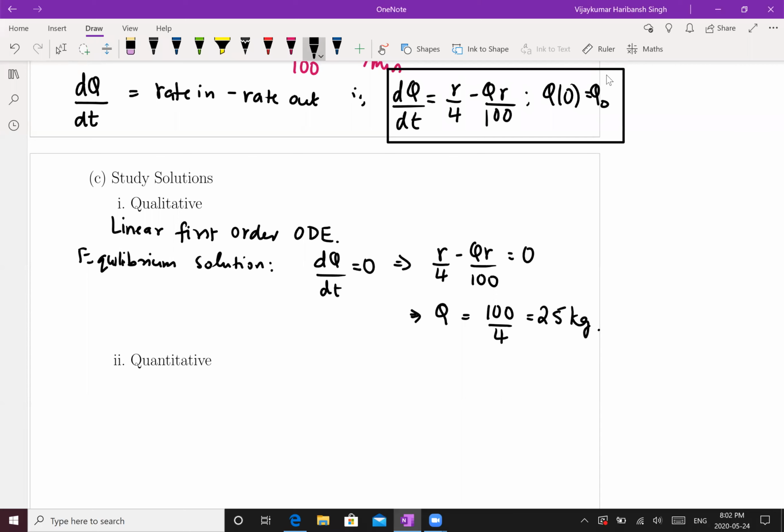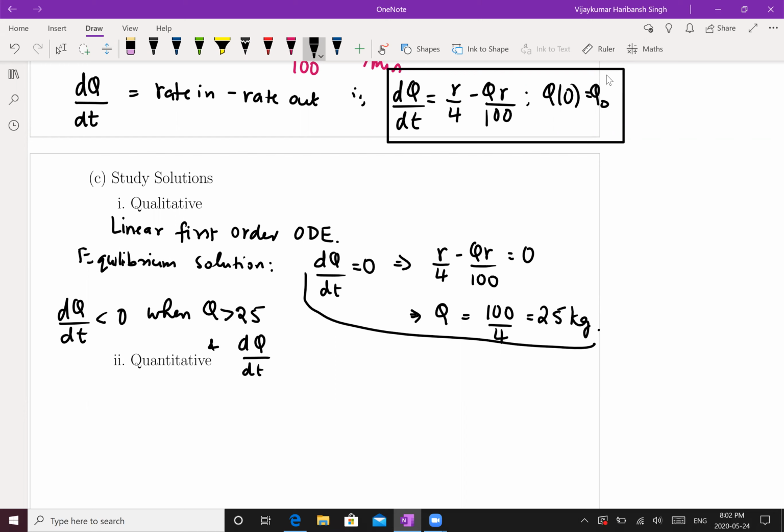Also note that dQ by dt is less than 0 when Q is greater than 25, and dQ by dt is greater than 0 when Q is less than 25.